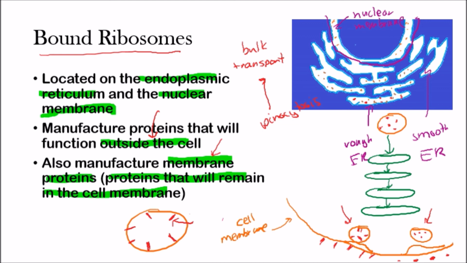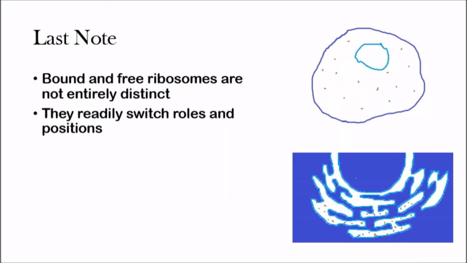Now, the final thing I want to talk about, the last note here, is that bound ribosomes and free ribosomes are not entirely distinct. They can readily switch roles and positions. So what does that mean? Okay, so imagine here again we have the rough ER right here.